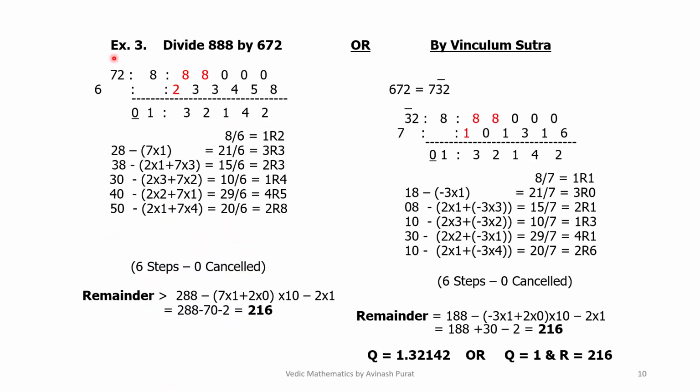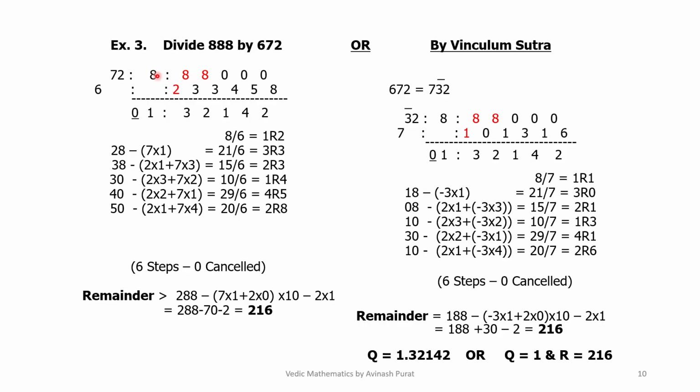Third example, divide 888 by 672. 6 is the first divisor written down. Diagonally opposite on the upper line is 72, that is the Dhvajanka. 72 is having 2 digits, so 88 is taken after the decimal point.